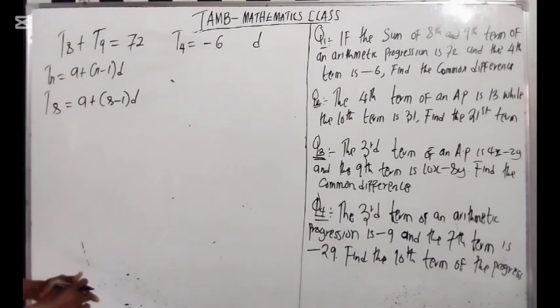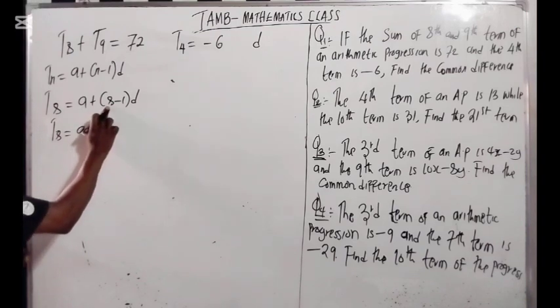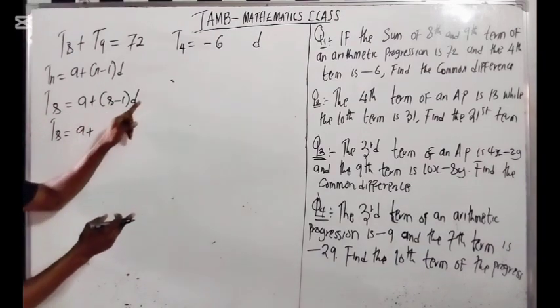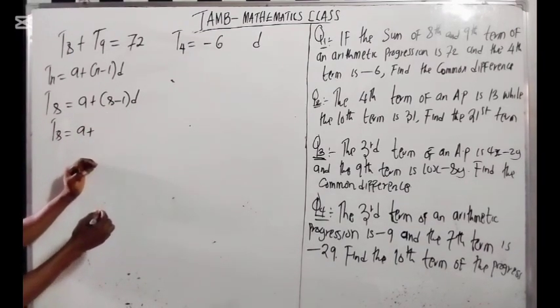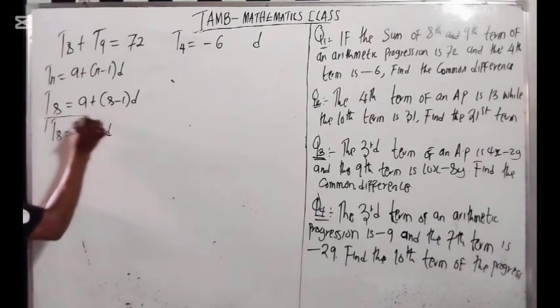That is the meaning for the 8th term. So T8 equals a plus 7d, since 8 minus 1 is 7.